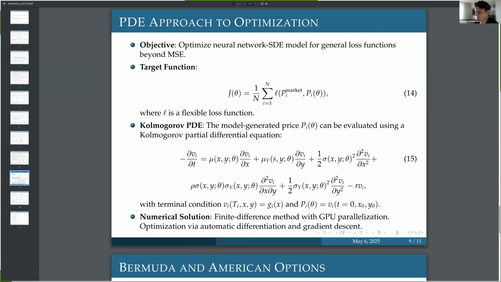X could be price here. This equation can be numerically solved using finite difference methods, and then optimized over using automatic differentiation to minimize the objective function G.